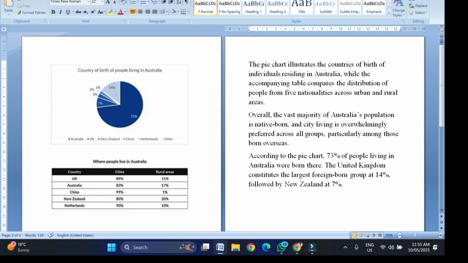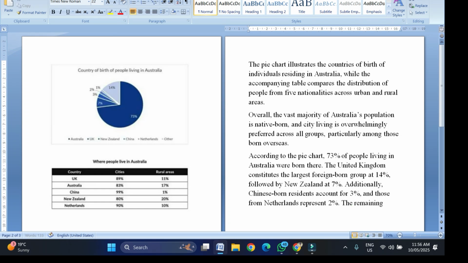You can use connectors, conjunctions before starting every line. Try to use them. Additionally, Chinese-born residents account for 3%, and those from the Netherlands represent 2%.